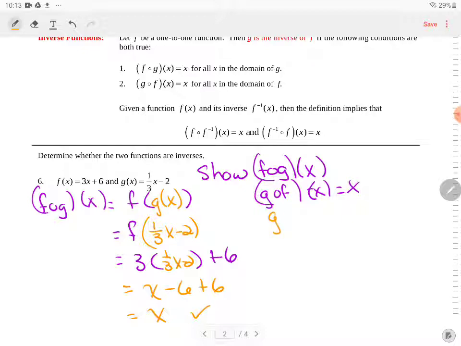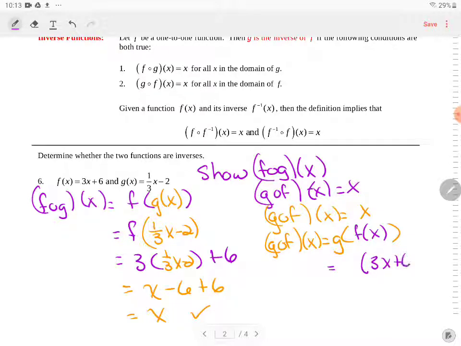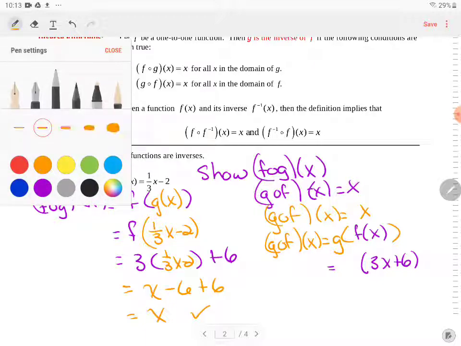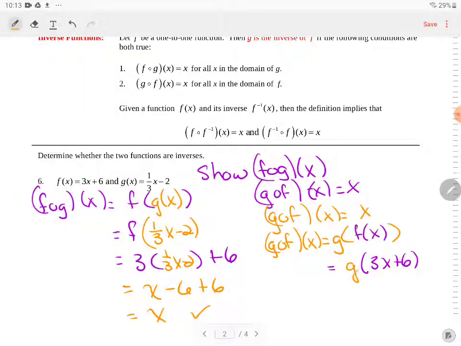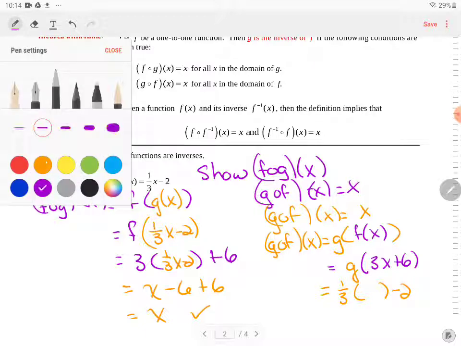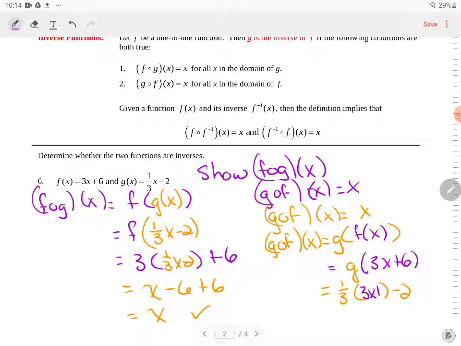Now we have to show that g o f of x is equal to x. This time, g o f of x is equal to g of f of x. So this is equal to g of the function 3x plus 6. This is equal to your g function, 1/3 x minus 2, where again x is not just the variable x, but 3x plus 6.